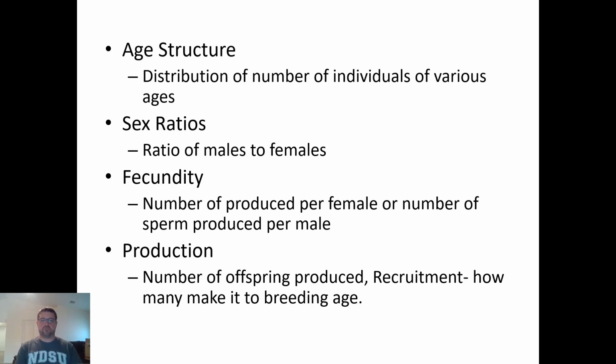So just because an organism can produce a certain number or have a fecundity of a certain number and then have a production of a certain number doesn't mean that they're going to do that in every habitat. The habitat dictates a lot on how many organisms are going to make it to the next generation, and definitely how many are going to make it into the recruitment stage or the breeding age.